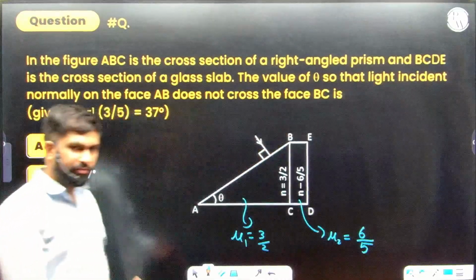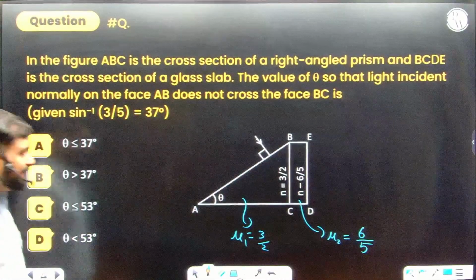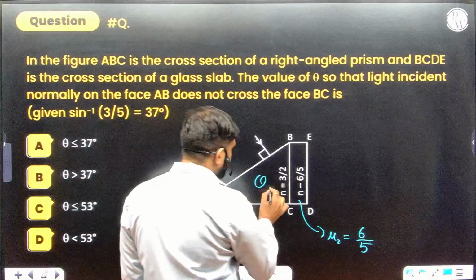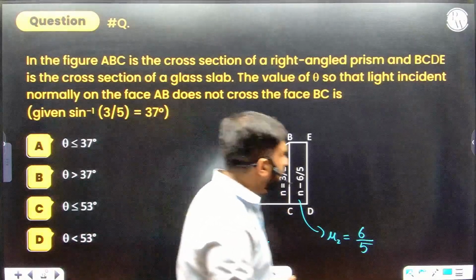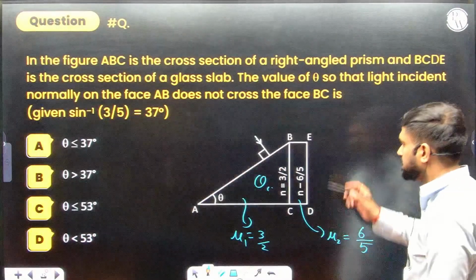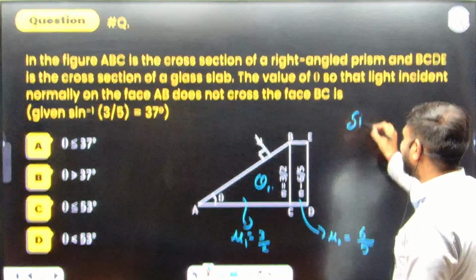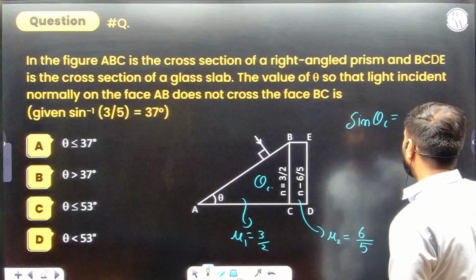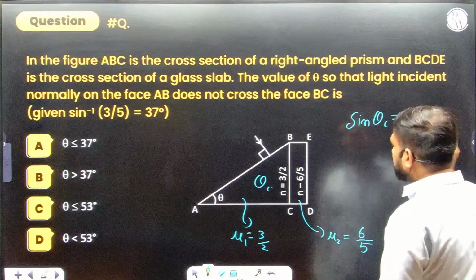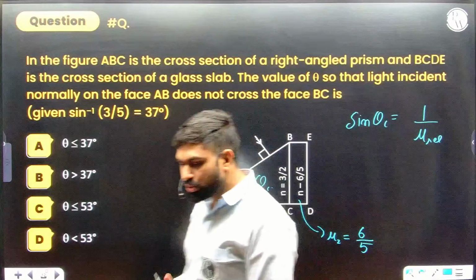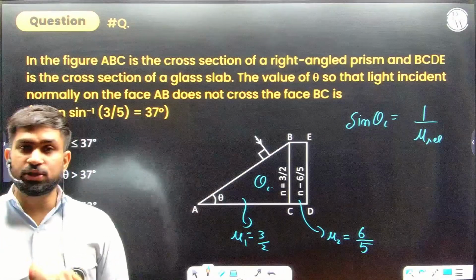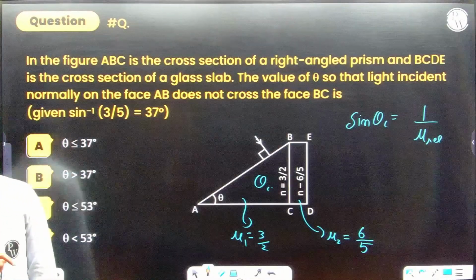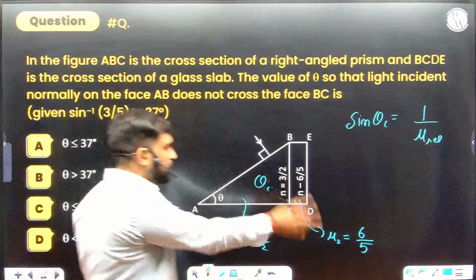I need to write the critical angle for this medium. How do we write the critical angle? Sin theta c is 1 upon mu relative. Remember that. Relative means it's the refractive index of that particular medium in which you are located, the denser medium, with respect to the surrounding medium.